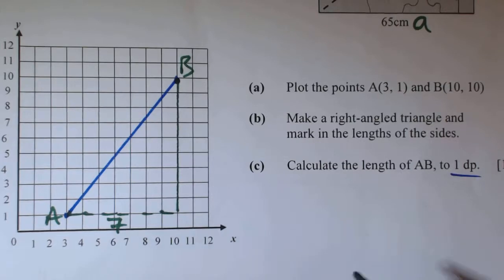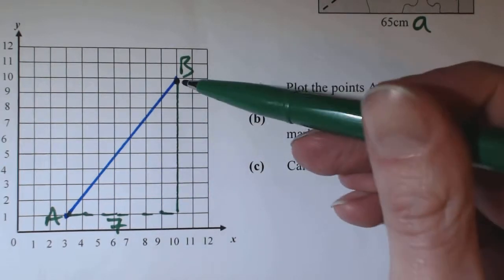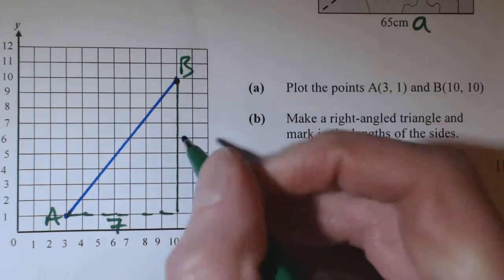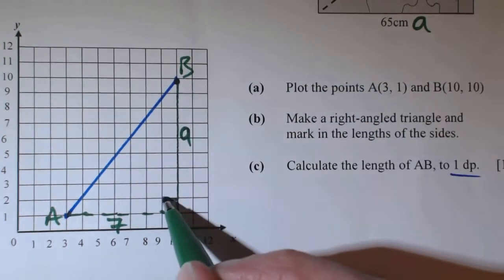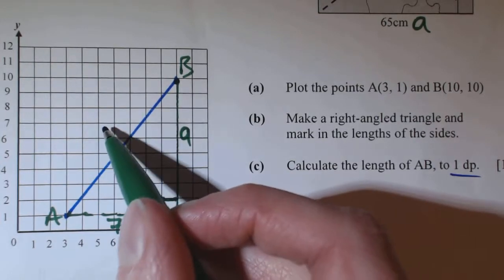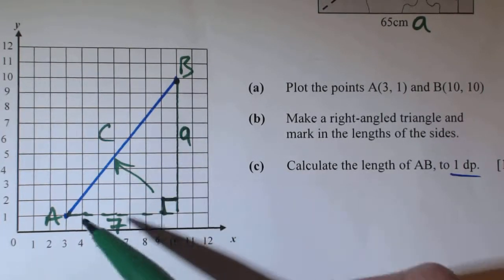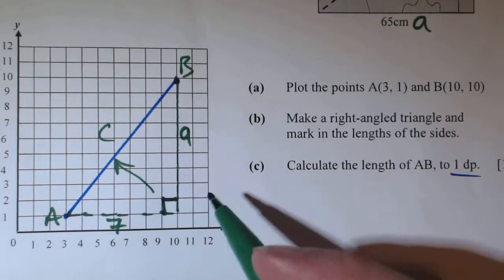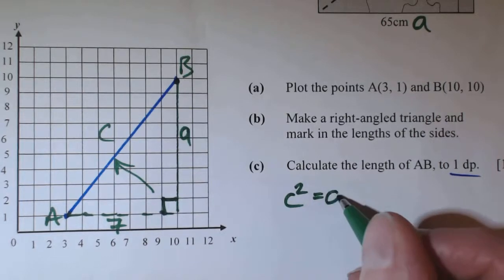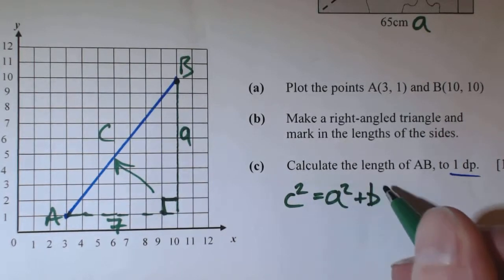Now they've not given you any units, okay, so don't need to worry about that. B is 1, 2, 3, 4, 5, 6, 7, 8, 9. And again, that's your right angle. So we're looking at actually calculating C, which is the length of A and B, and that's the longest length, that's the hypotenuse. So again, I'll just use this sheet, C squared equals A squared plus B squared.